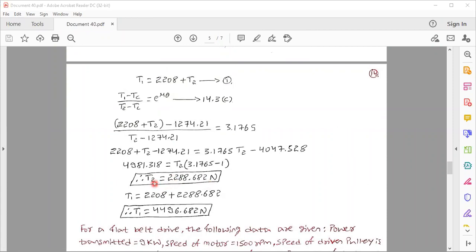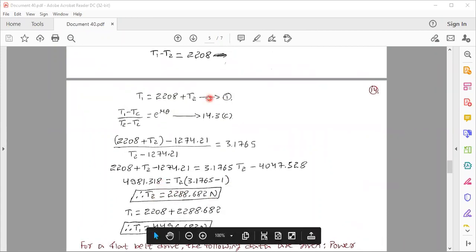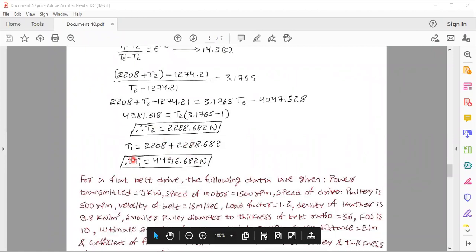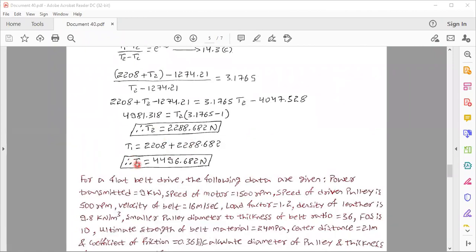Once you get the value of T2, substitute T2 in equation 1 and you will get the value of T1. Therefore, T1 is 4.496 kilonewton or 4496.682 Newton. These are the belt tensions.